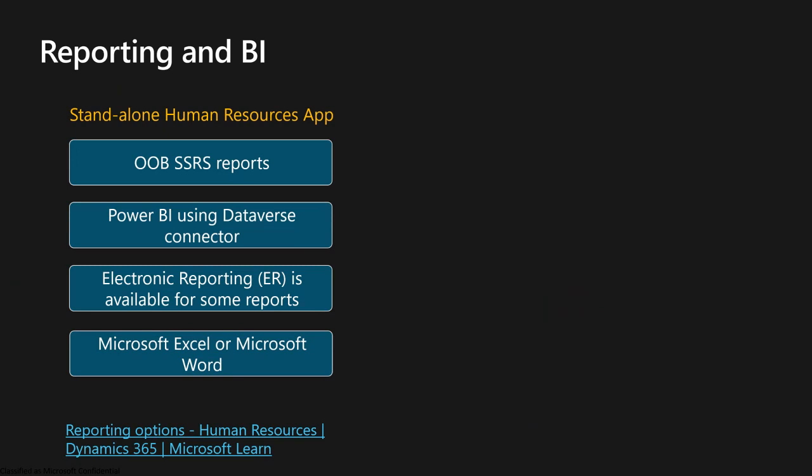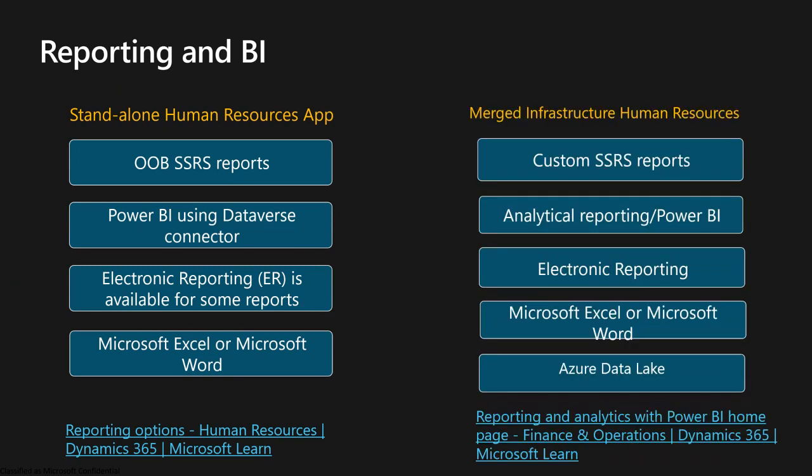We also have electronic reporting available for some of the reports in HR, and customer-driven customization can be done via the electronic reporting configuration options. Also, in the standalone HR app, we have Microsoft Excel and Word, where data can be exported by using various data entities available in human resources. This is provided through the Microsoft Office integration.